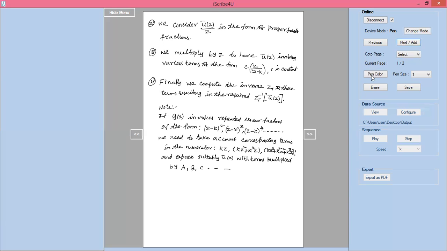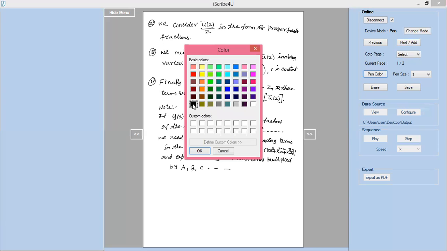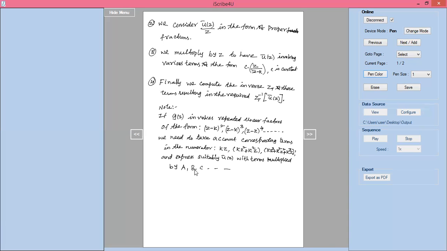Right, next. In this one, we'll do problems. First problem in the partial fraction. Find z inverse of z divided by z minus 1 into z minus 2.